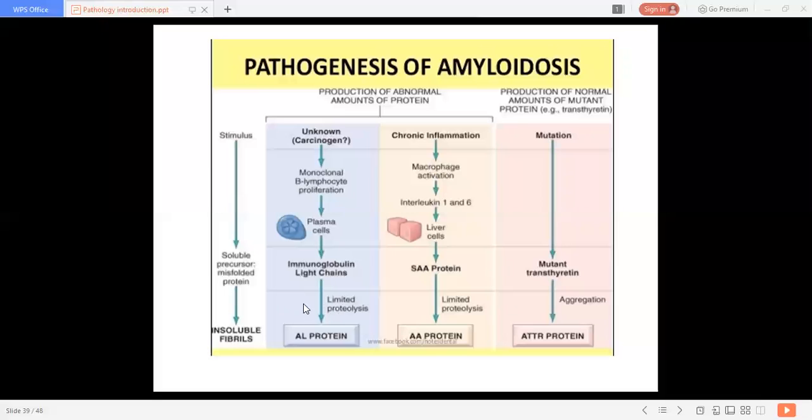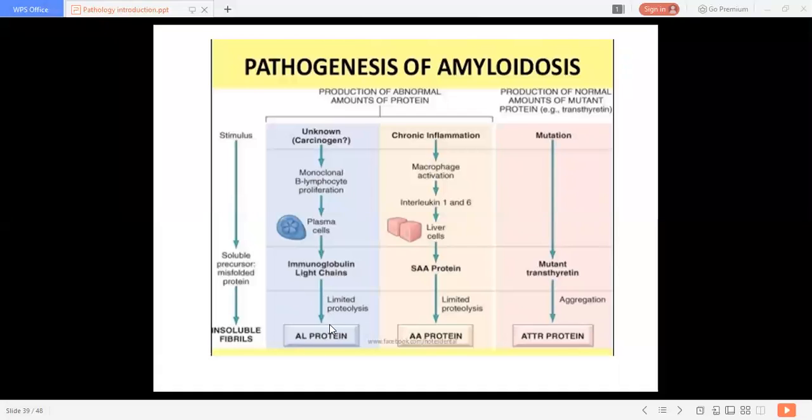And whenever this degeneration occurs in the macrophages, the serum amyloid associated protein or precursor protein gets converted into insoluble fibrillar proteins. We call them AL protein or AL amyloid. This is how AL amyloid forms.